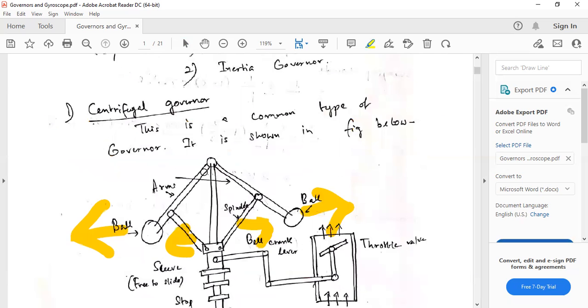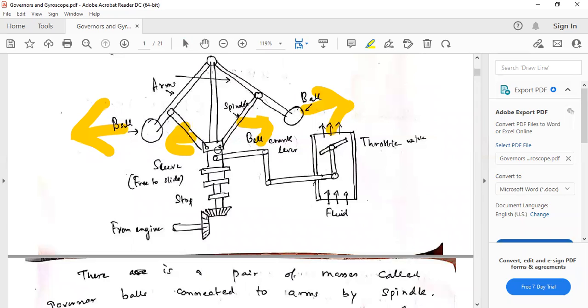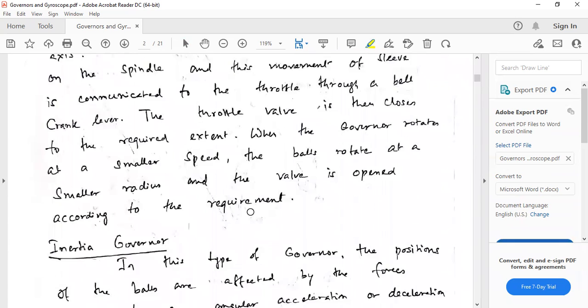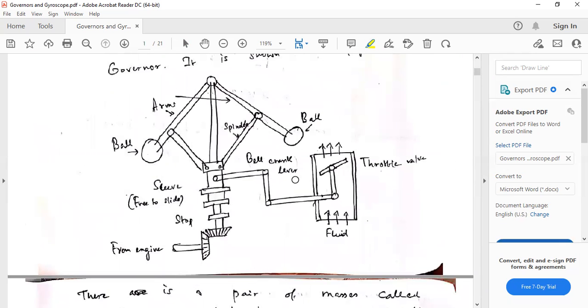Otherwise, when sleeve lift is only because of the balls' centrifugal forces, we call it a centrifugal governor. To summarize, in a centrifugal governor only centrifugal forces on the balls cause the sleeve lift, and in an inertia governor, it is the centrifugal force from the balls plus a force from the spindle. It is not exactly centrifugal force, but some force from the spindle that causes the sleeve to lift up.